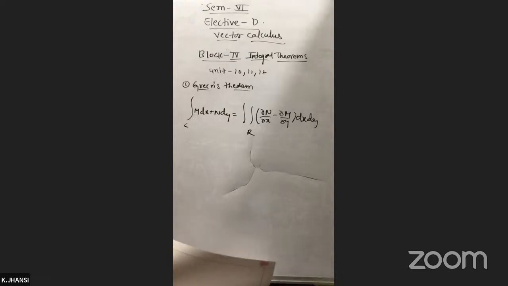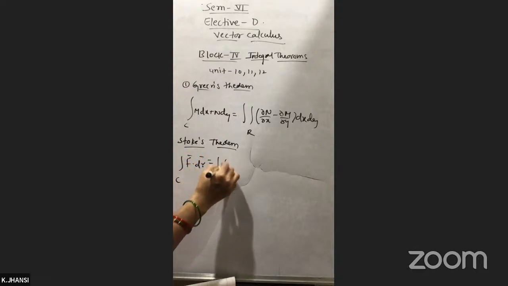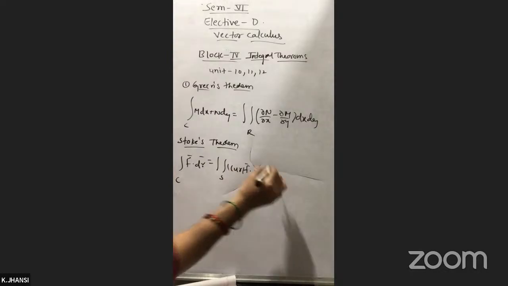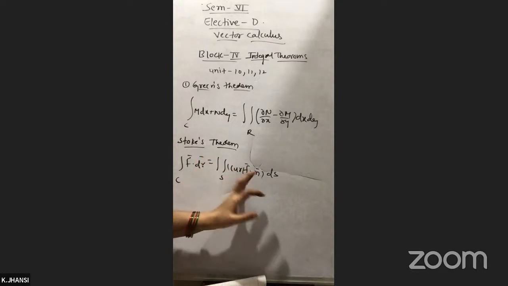Next we have the Stokes theorem. We have seen the line integral, no, f dot dr is equal to the integration of curl f dot n ds, where n is a unit normal vector at any point on S. This Stokes theorem gives a relation between the line integral and the surface integral.